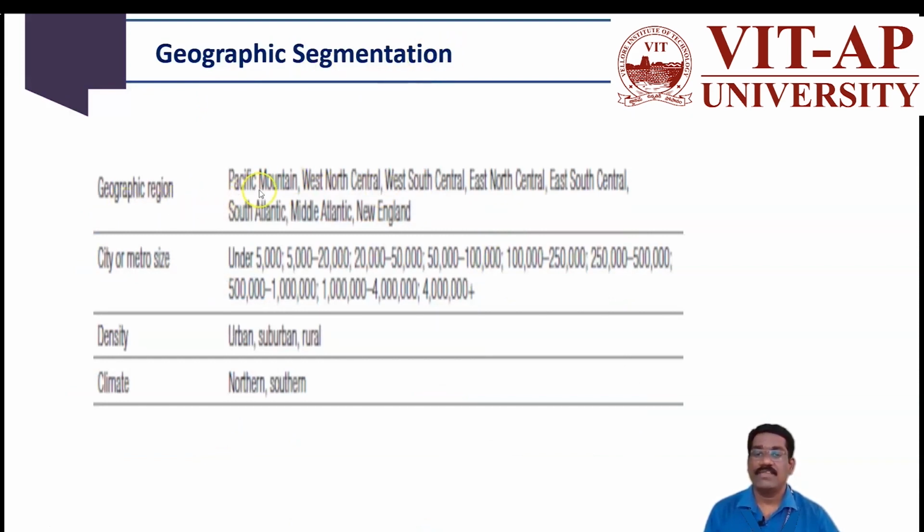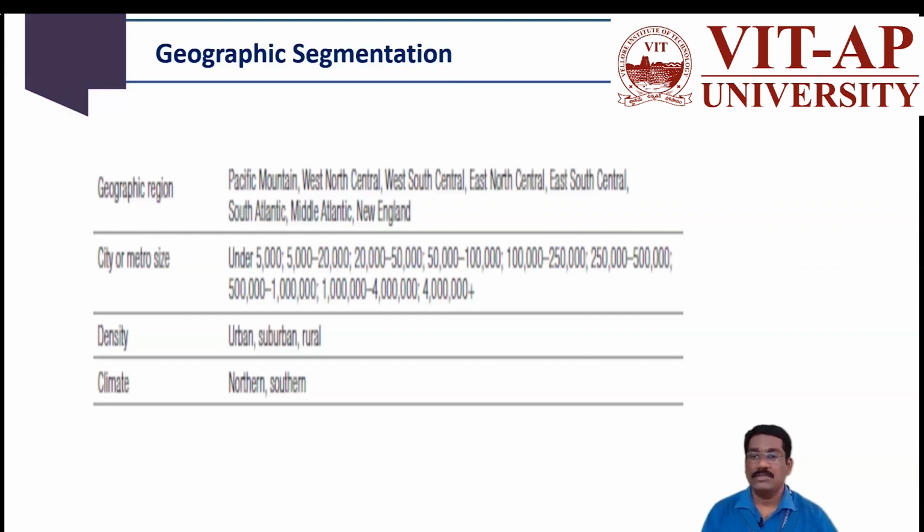Organizations segment the product based on geographic regions like Asia Pacific, Australasia, India, South Pacific, and so on. They segment the market based on the geographic region.